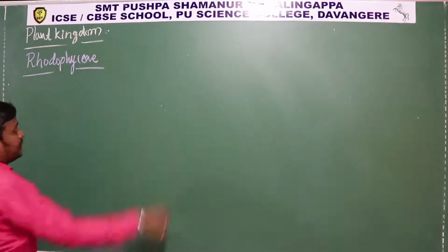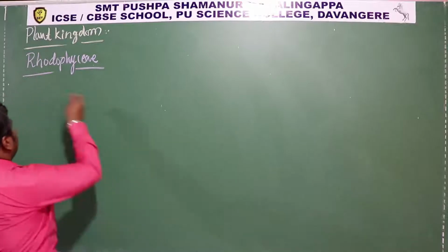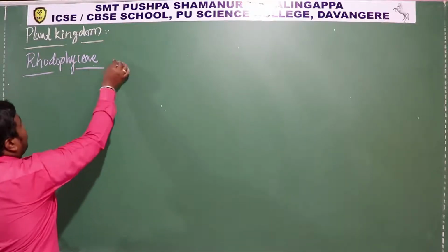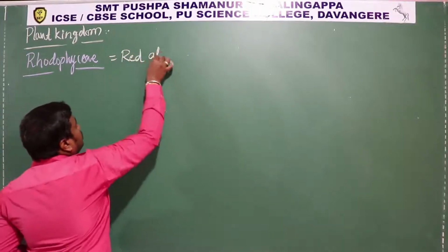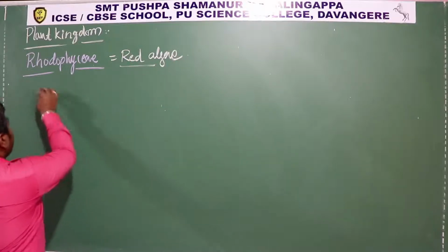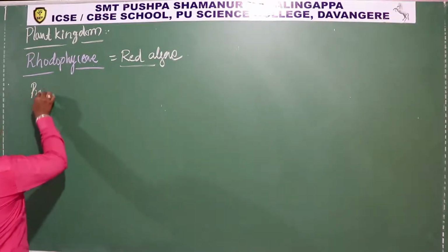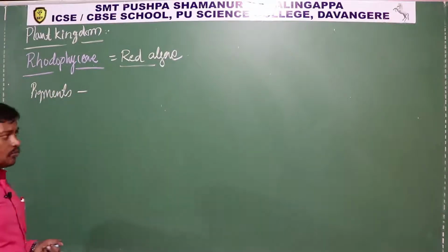Rhodophyce, the name refers to the red algae. So what pigments are present in the rhodophyce members?